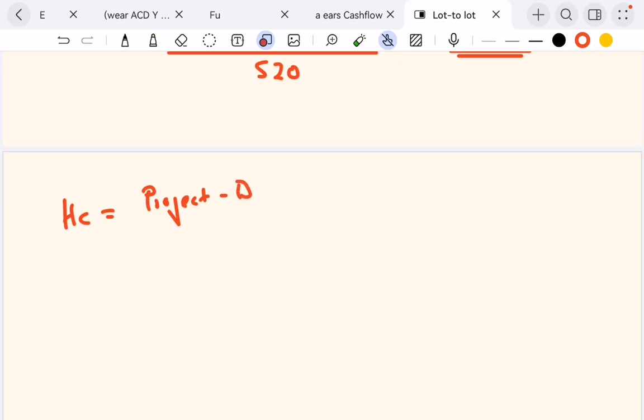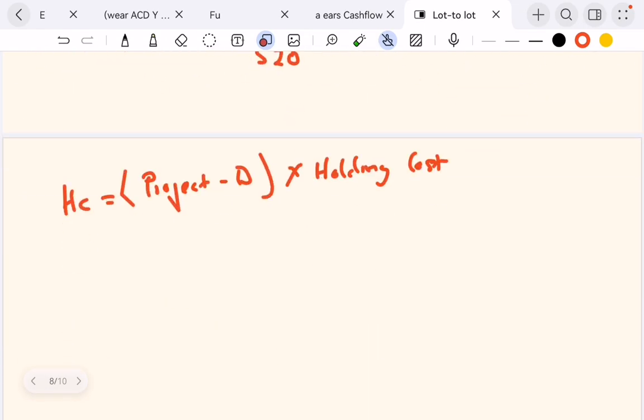I'll explain why I'm saying demand there. So in this case, what is the projected? Then this demand there, which I put there, then the holding cost in the question.